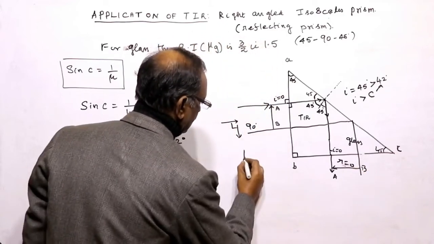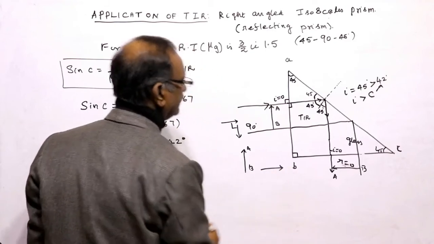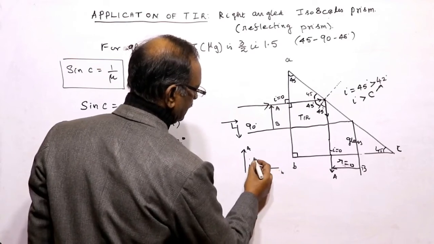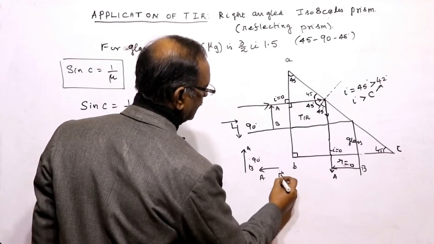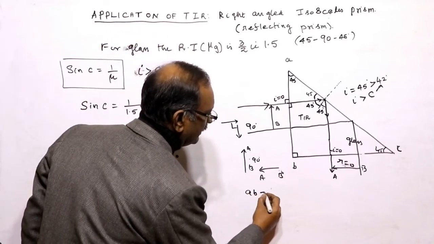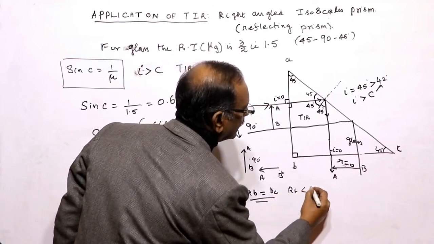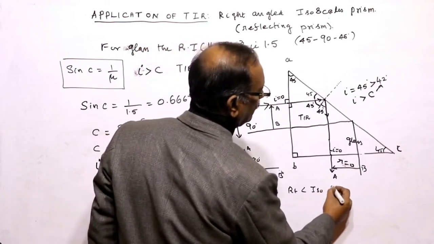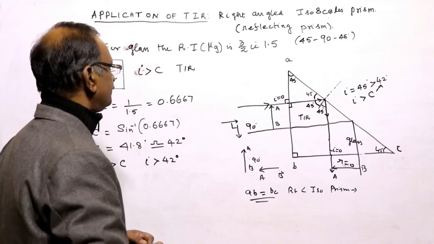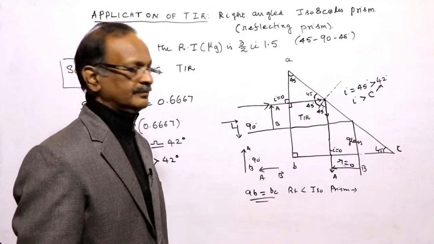It means the image AB is rotated through an angle of 90 degree by using the right angle isosceles prism. That is, side AB is equal to side BC. This is a right angle isosceles prism, which can also be called a deviating prism, or total internal reflection prism.